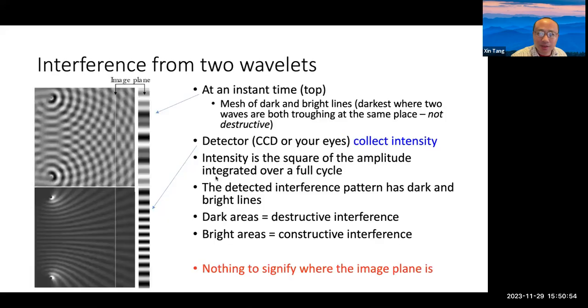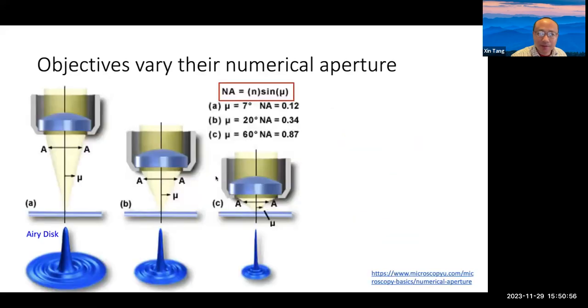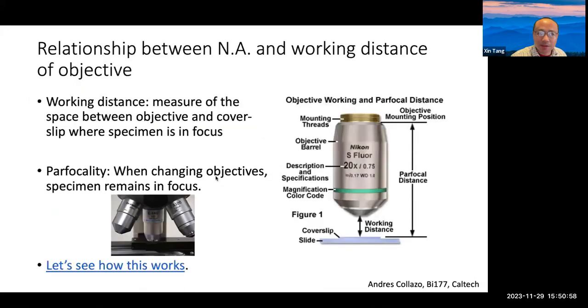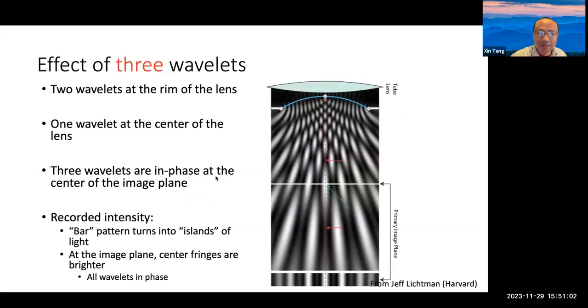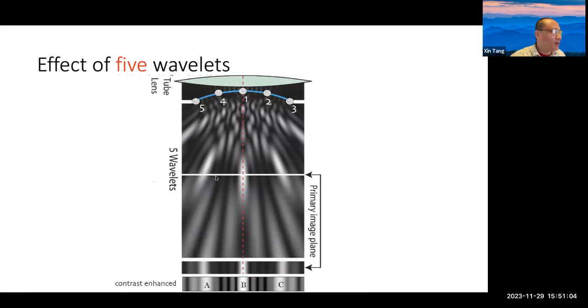Here, you can read this in the slides. Now, the most important thing is here. If we have the turbulence here, and we have a sample plane here, after the light goes through this lens, it will generate this wavefront.